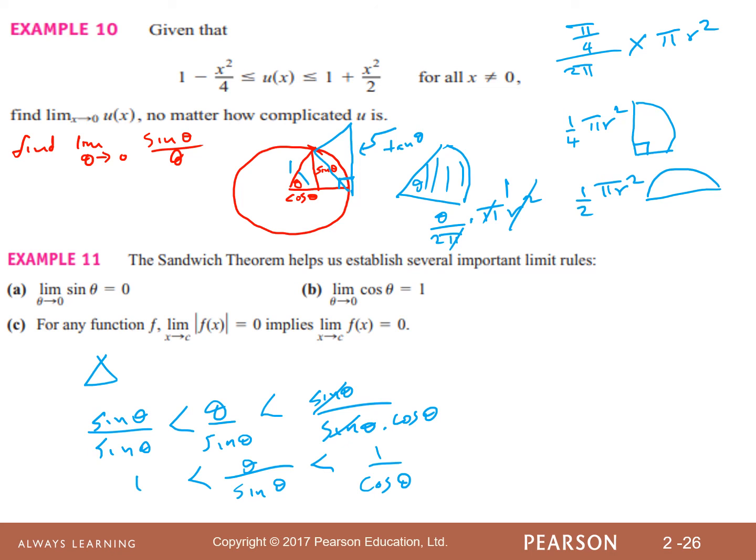Now I want to get the reciprocal. If I get the reciprocal, I will have 1 greater than sine theta over theta, and this is greater than what? Cosine theta. If you get the reciprocal, do you flip the sign? Yes. Let's see. 5 greater than 6 greater than 7, right?